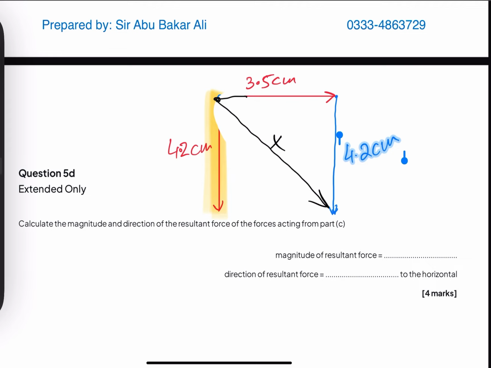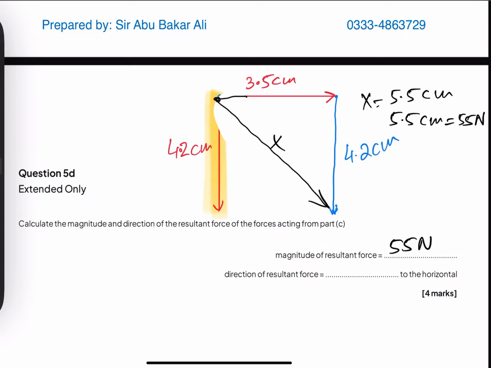If you measure it, x will be equal to 5.5 centimeters. So 5.5 centimeter, you have to multiply with 10, will be 55 Newton. So the magnitude will be 55 Newton, and you have to find the direction as well.